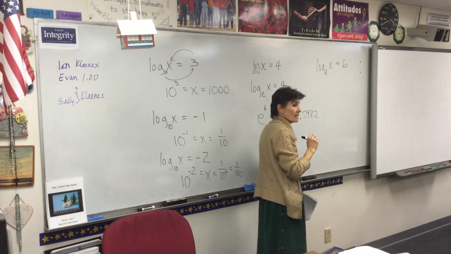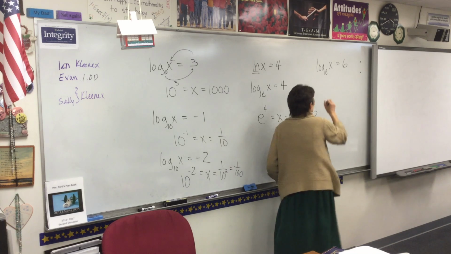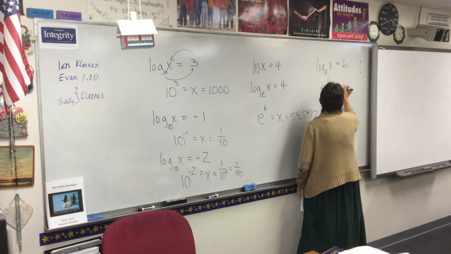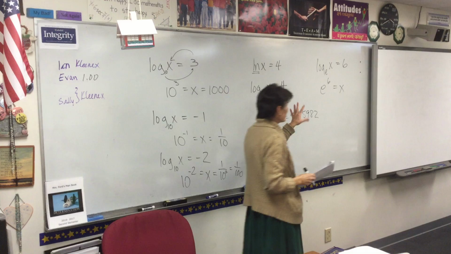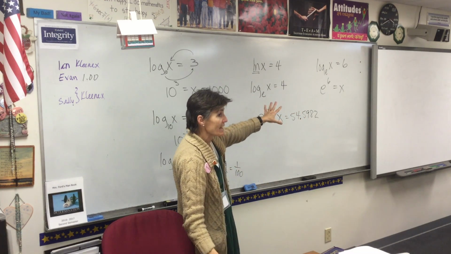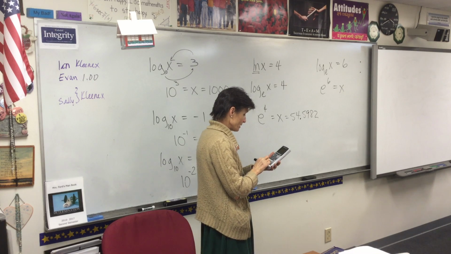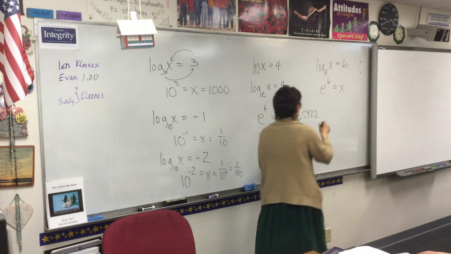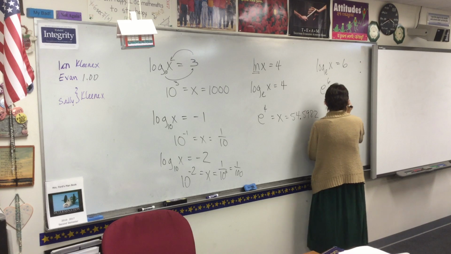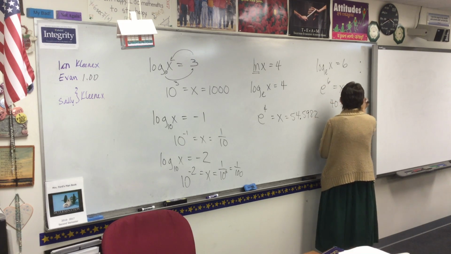So what does that one say? E to the 6 equals x. So if we don't have a calculator, that's the answer. If we do have a calculator, what did you say it was? 403.4288.